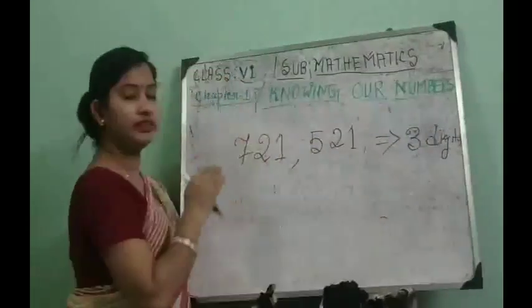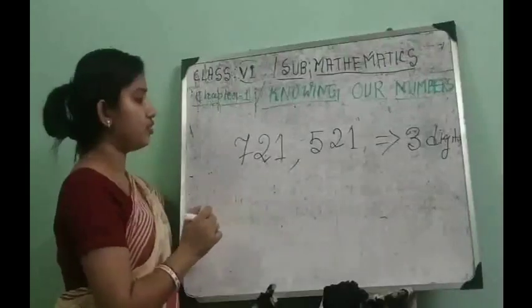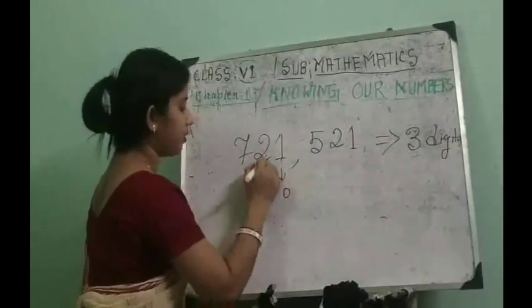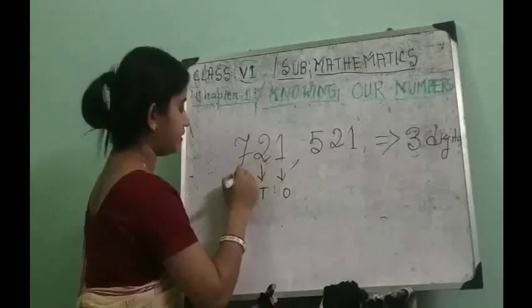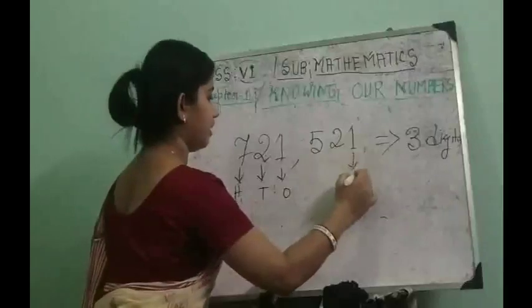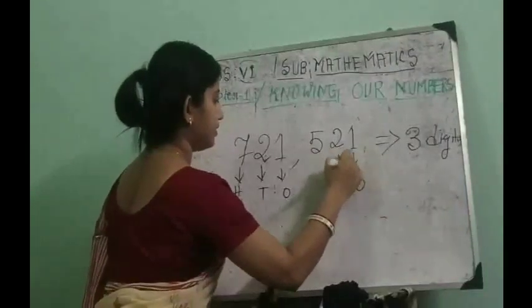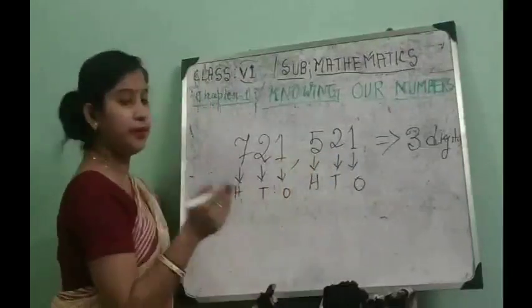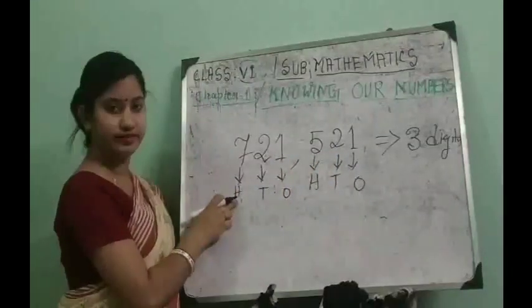These two are 3 digits number. So here 1 is 1 digit. This is 10 places. This is 100 places. And here 1 places, 10 places, 100 places. So maximum places number is 100.